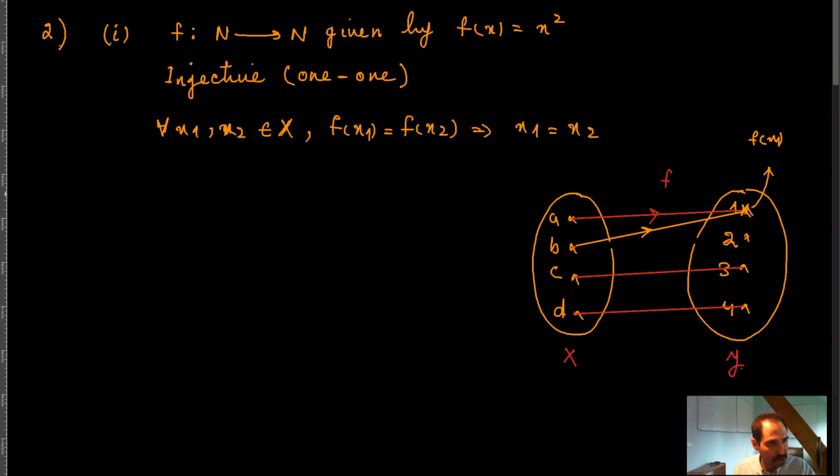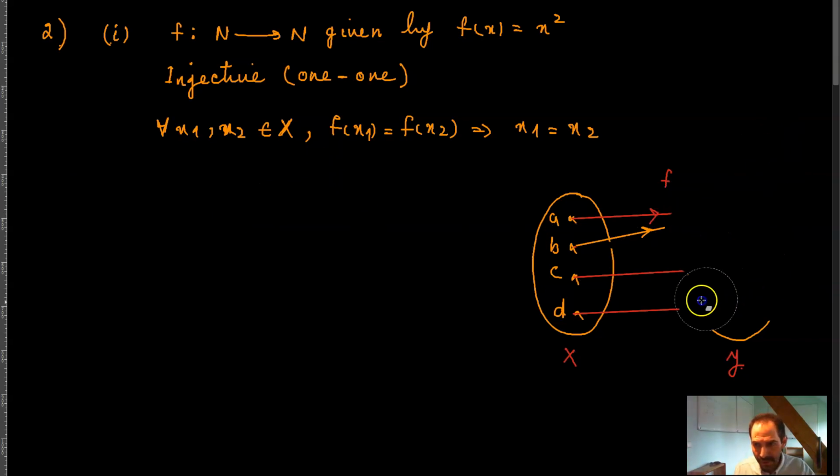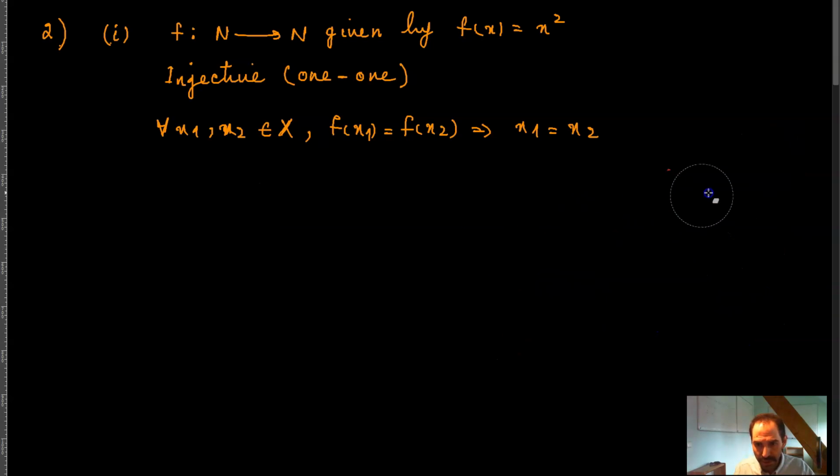So long story short, you need to simply use the condition that for every x1, x2 belonging to X, f of x1 equal to f of x2 implies that x1 is equal to x2.